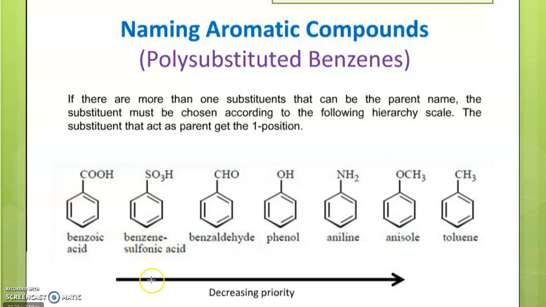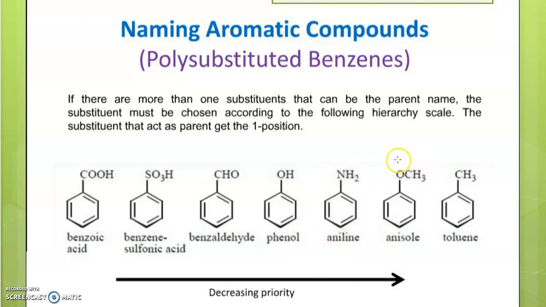The second one is benzene sulfonic acid. The third one, you have aldehyde. The name will be benzaldehyde. OH will be phenol. These are common names that you need to use, right? NH2, when you have an amine attached to the benzene ring, the name will be aniline. Aniline is very useful, especially in the pharmaceutical industry.